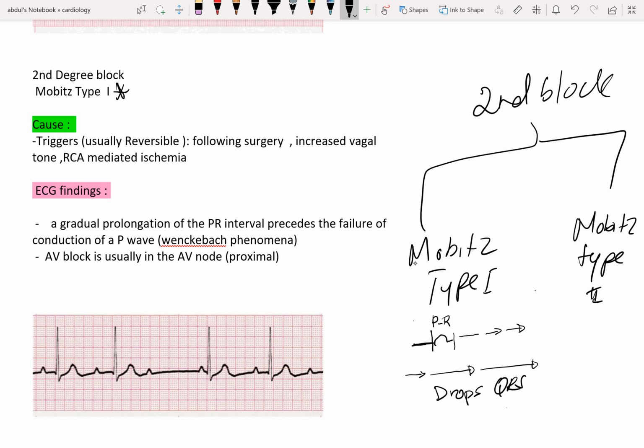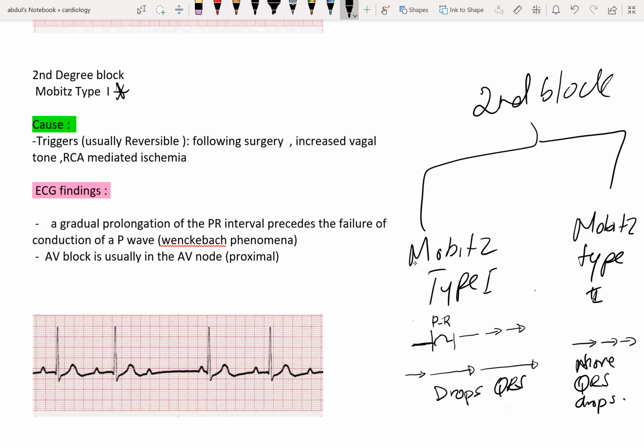However, with Mobitz type 2, the PR is constant and does not prolong, but you have more QRS drops, and you do not have any idea. It's unpredictable, basically, when the QRS is going to drop or not.